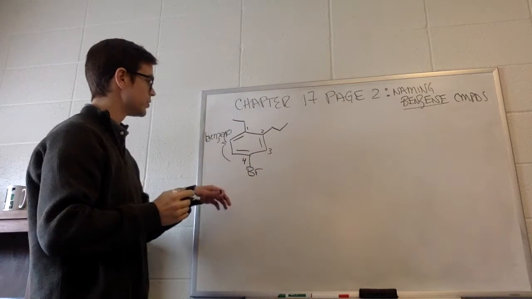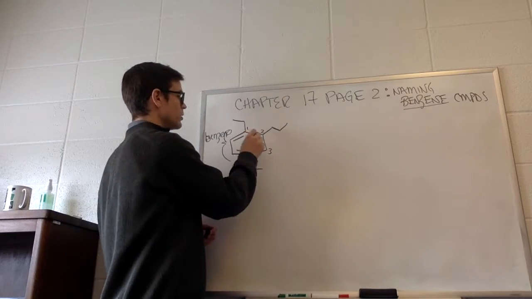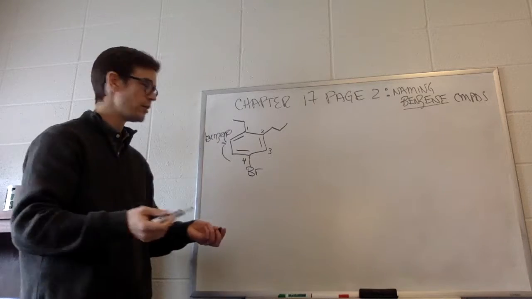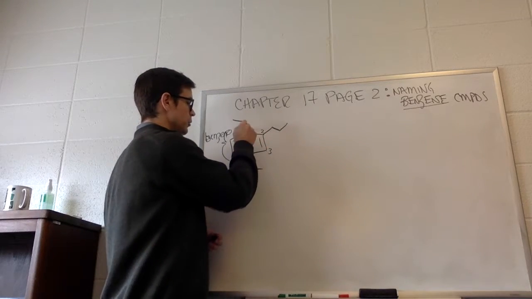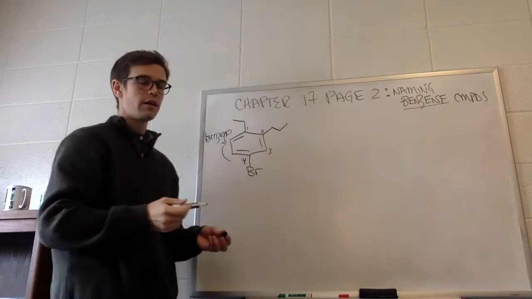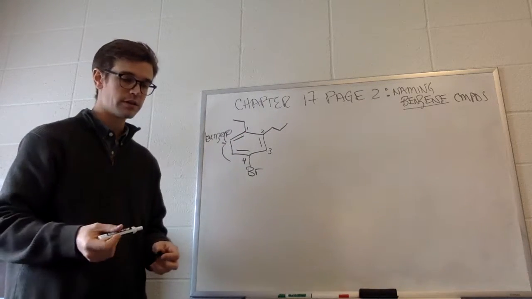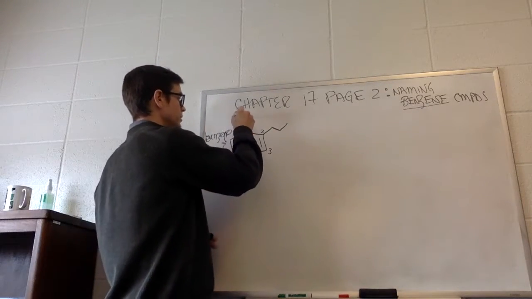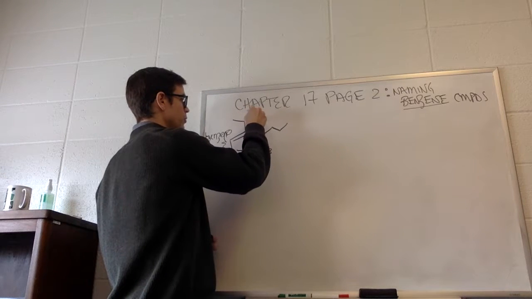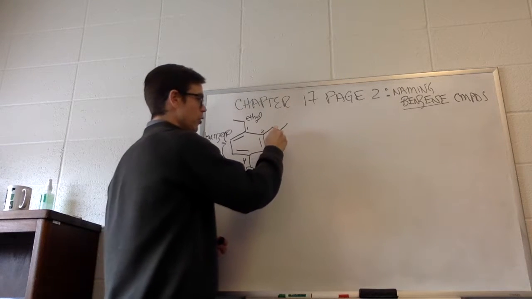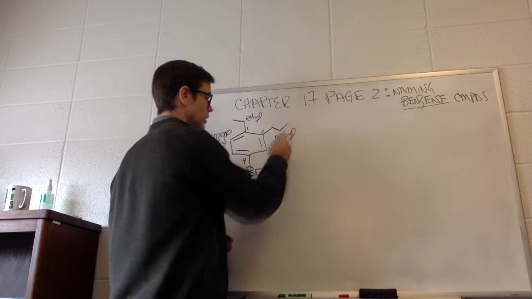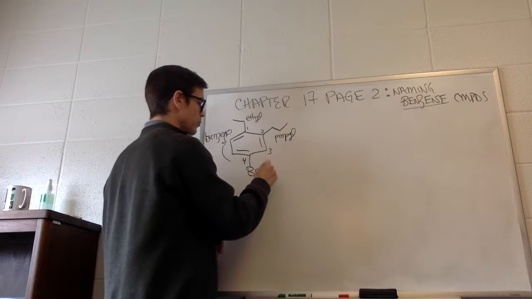Numbering this direction gives us a combination of 1, 2, and 4 substituted. If we numbered the opposite direction, we'd be 1, 3, 4, so a larger combination of numbers. So we have a 1, this is 2 carbons long, this is an ethyl group. In 2, we have a propyl group. And then in position 4, we have a bromine.